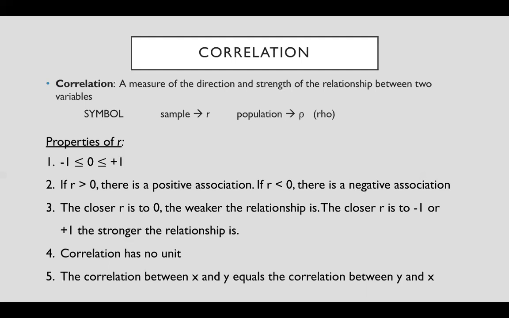It doesn't matter whether it's positive or negative when you're talking about the strength of the relationship. The closer your correlation is to -1 or +1, the stronger your relationship is. I already mentioned that correlation doesn't have a unit to it. And the correlation between x and y equals the correlation between y and x. So it really doesn't make a difference, when you're talking about correlation, which variable is x and which variable is y.